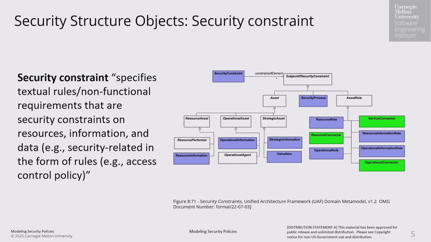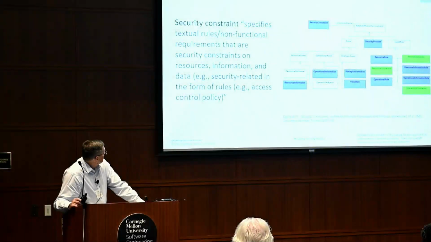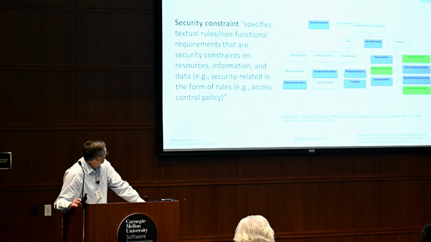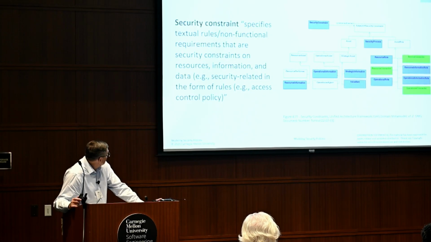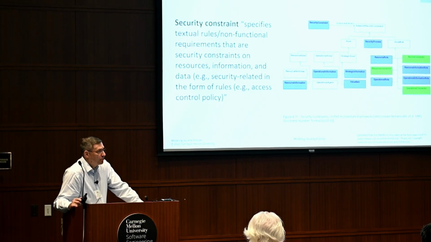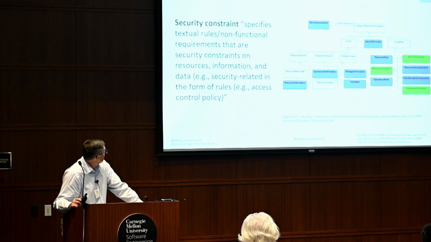So security constraint, as you can see here, specifies textual rules, non-functional requirements that are security constraints, right? And as you can see on the diagrams, security constraint can be applied to assets, processes, roles, various constructs derived from those base objects, right? So it seems a very good fit for modeling security policies, right? Thinking of a wide range of security policies.